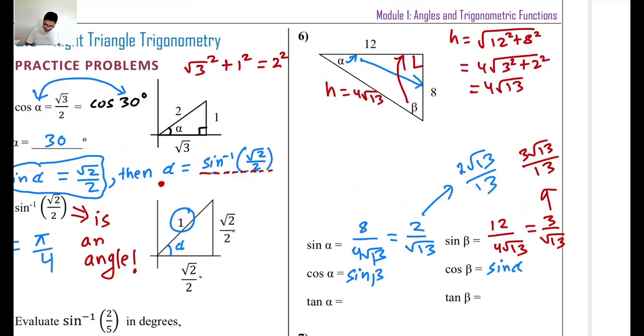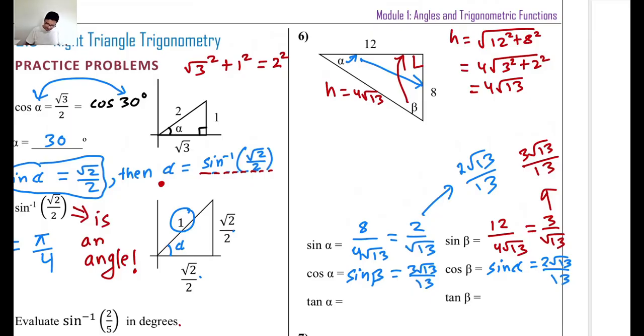So I already have those values, I can reuse them here. This was supposed to be 13, not beta. Sine beta we know, that is 3 root 13 over 13, and sine alpha was 2 root 13 over 13. So you can reuse them like that. This is an interesting property in a right triangle, you know.